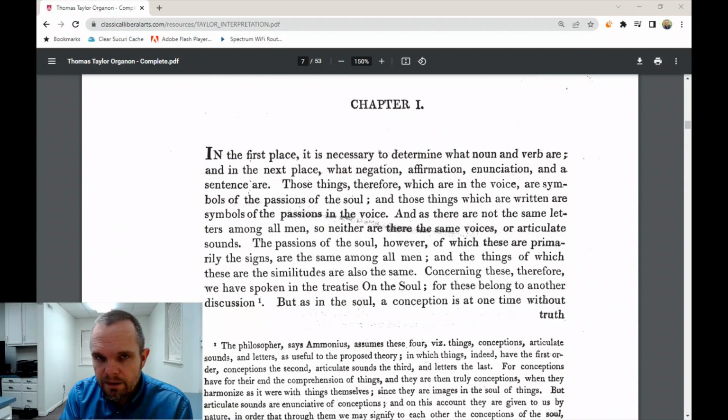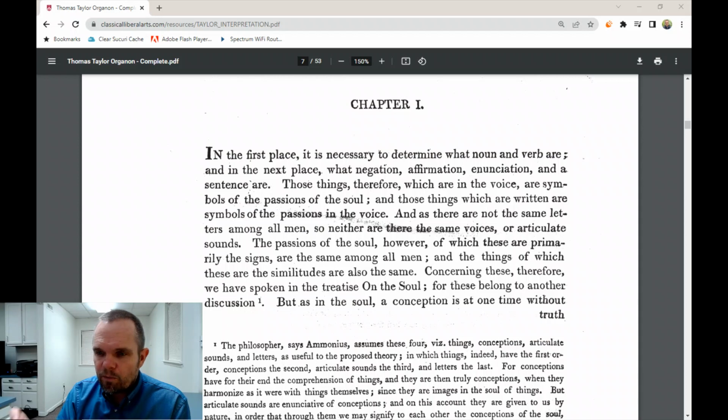The ideas in our minds that we receive through our senses are natural and they're shared by all men. But the words that we speak and words that we write, they're artificial. They differ among men. But the ideas, the passions of the soul, are the same among all men. I find that to be a fascinating thing to think about.